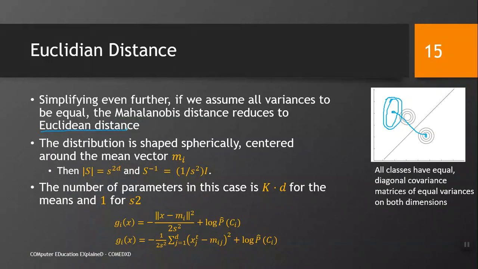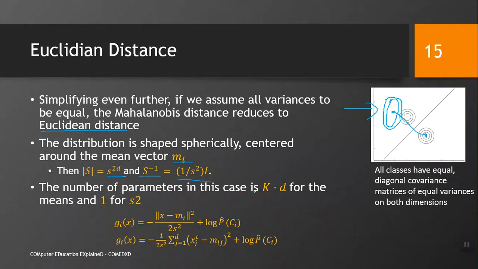Then we have to generalize it because it is multi-featured. If the distribution is spherical, centered around the mean vector mi, then S could be written as S squared times the identity, and S inverse could be written as this.